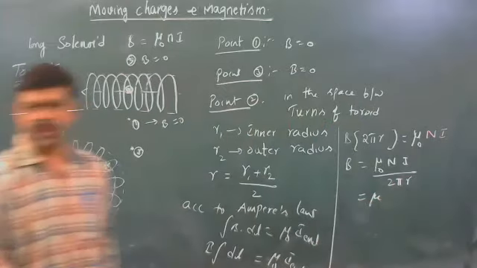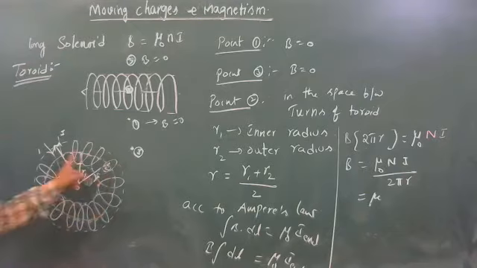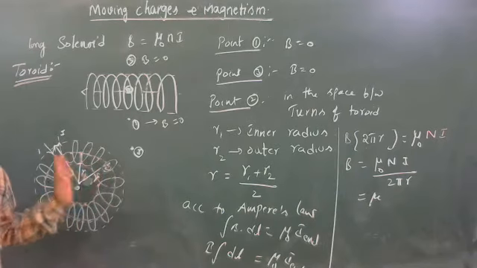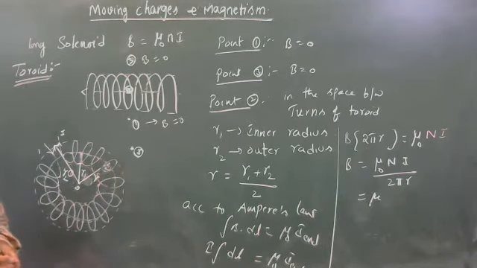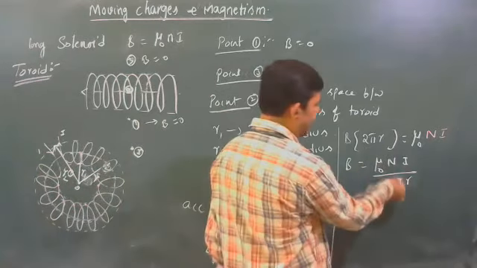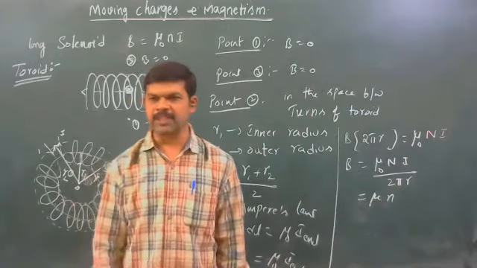What is 2 pi r actually? Is it not the length of the loop? 2 pi r is the circumference of this loop. So can I write N by 2 pi r is equal to small n, the total number of turns by length?